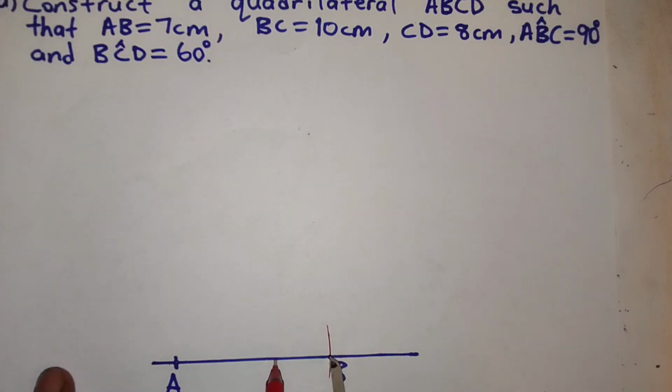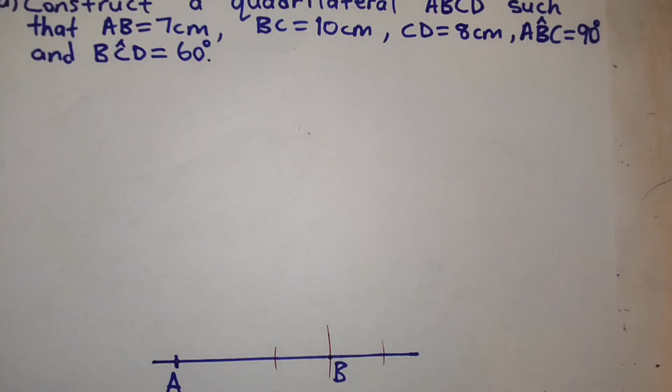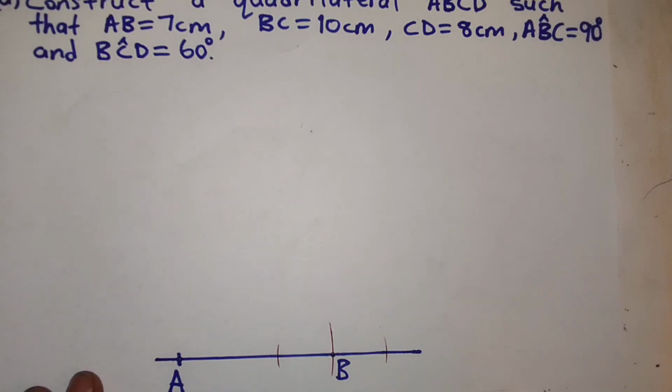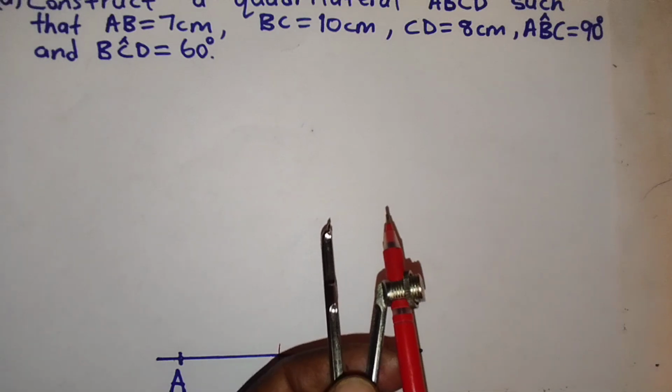Now with B as my center, I'll draw an arc to the left of B and another one to the right of B, as I hope you see. Now, with the points of intersection of these arcs and the line AB, I'm going to construct 2 arcs above B, which are supposed to meet.